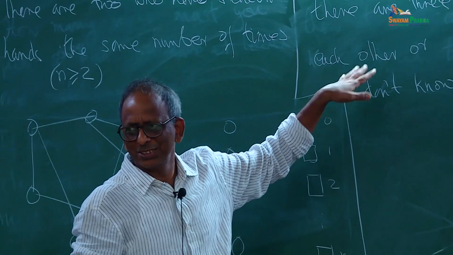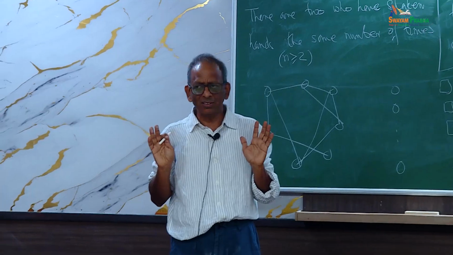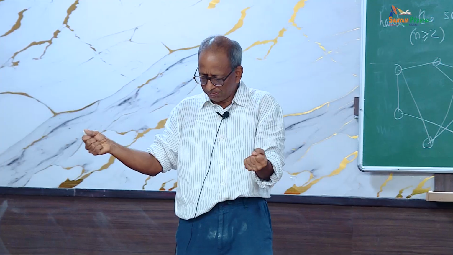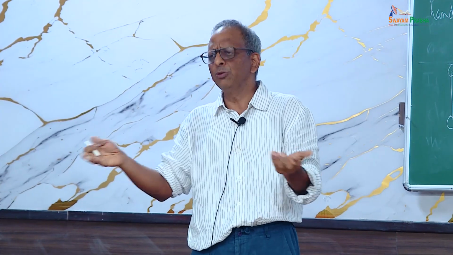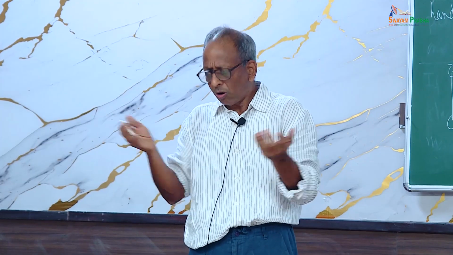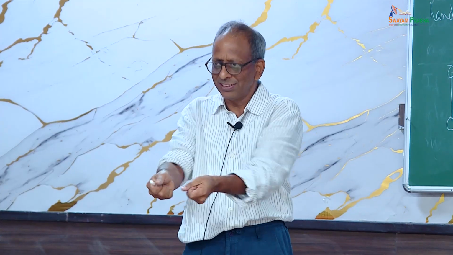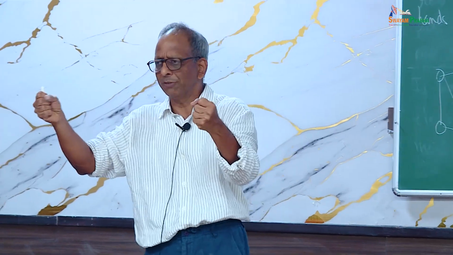It can mean many things. You have a party of 6 people. Every pair of persons in the party, it's possible that they knew each other from before, or they are complete strangers having first met in their life at this party. So there are two possibilities for every pair: either they are acquainted with each other, or they don't know each other.